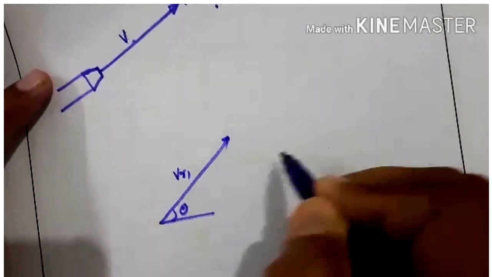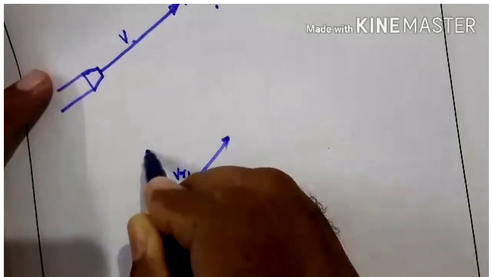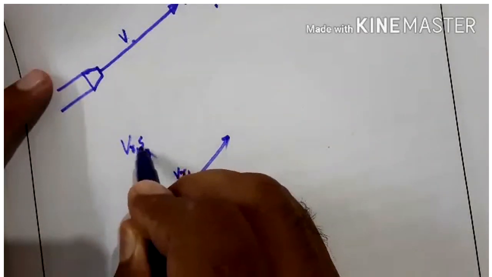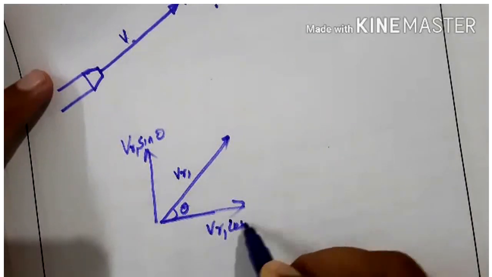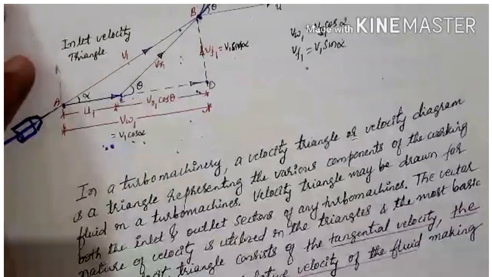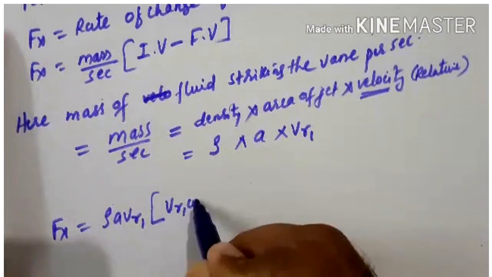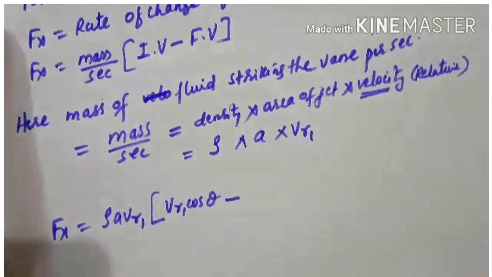Then we want the force in x direction, so you have to resolve this VR1, one vertical and one horizontal. When you resolve this you get VR1 sin theta, and this is VR1 cos theta. Then the initial velocity in x direction is VR1 cos theta. So here I'll write VR1 cos theta as the initial velocity, minus the final velocity.